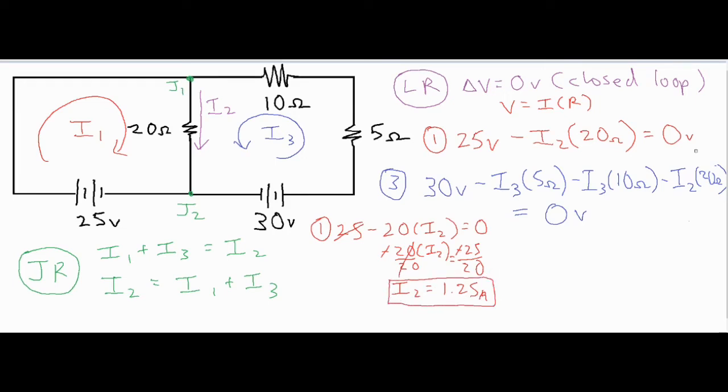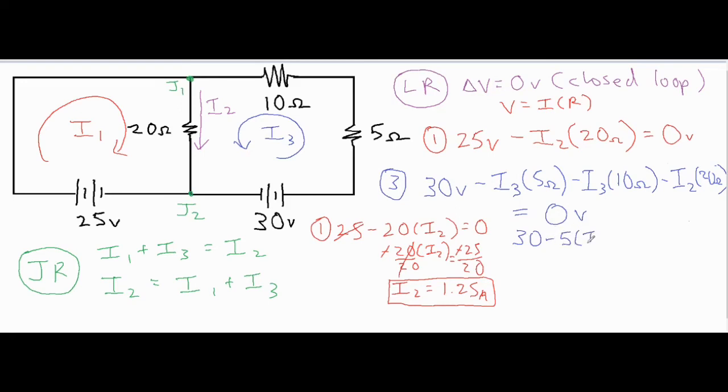So what I can do is take that 1.25 amps and plug it in for my I2 into my second formula, which I call number 3 because it's loop number 3. And let me rewrite this one, and I'll simplify the look of it. I'll call this 30 instead of 30 volts. Pull the 5 in front because I just like the look of that coefficient in front.